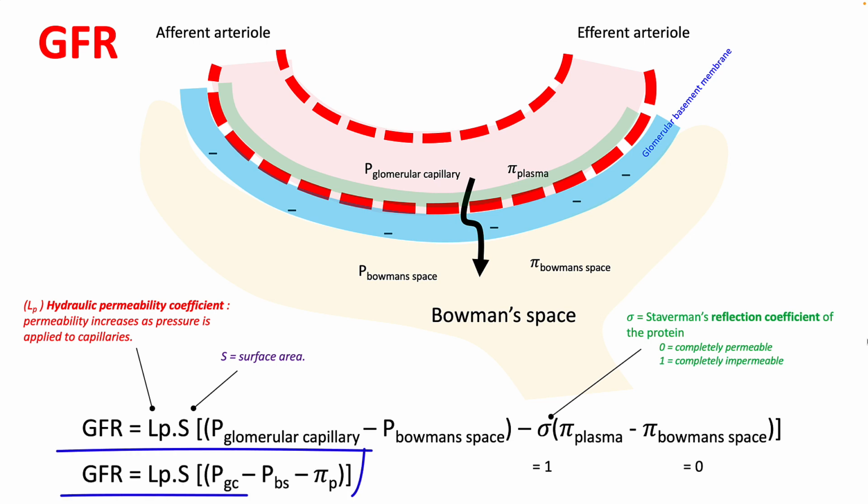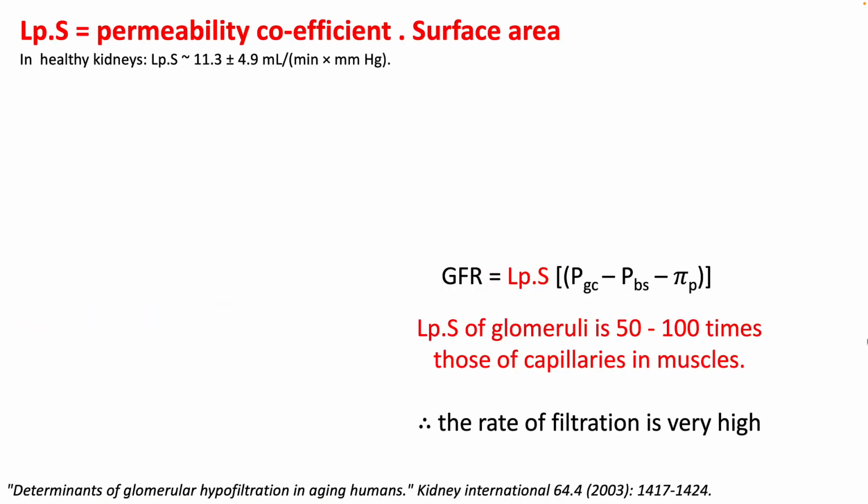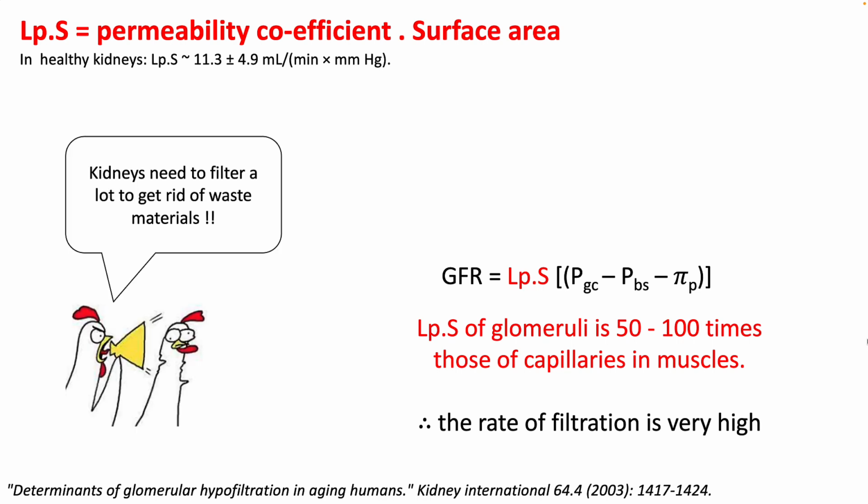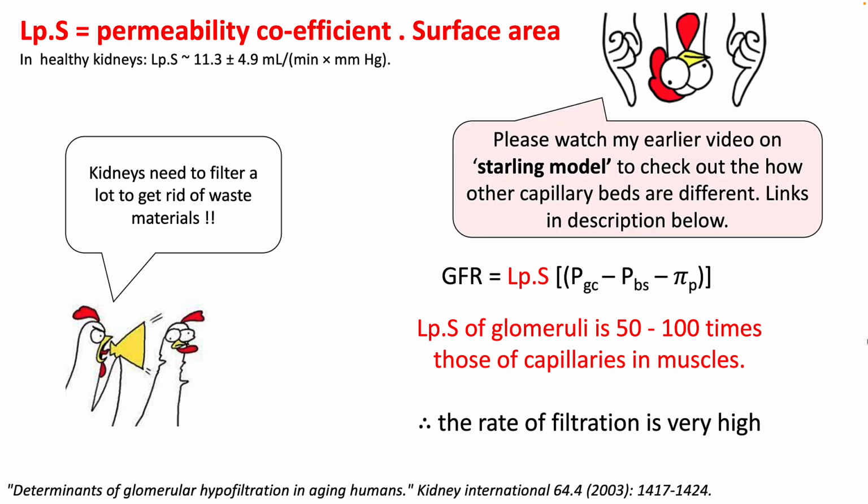So this modifies the formula to simply permeability coefficient multiplied by surface area multiplied by hydrostatic pressure gradient minus oncotic pressure in the plasma. Permeability coefficient and surface area of glomeruli are 50 to 100 times those in muscles. Therefore, the rate of filtration is very high, and this is aptly suited to kidneys as they need to get rid of a lot of waste materials.